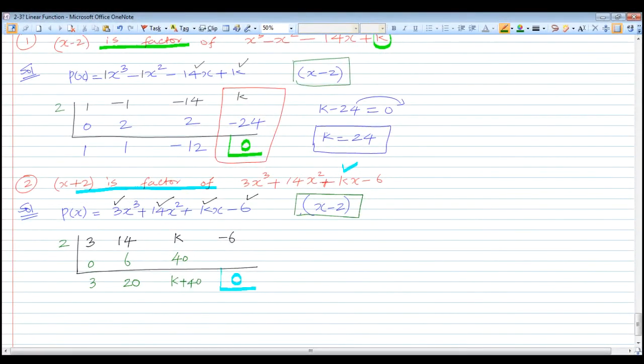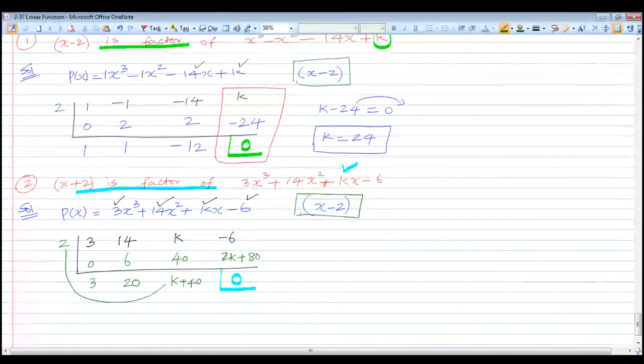Now if you multiply this one at the last, what happens? Multiply by minus 2, you get minus 2k plus 32. I have to multiply this with this, right? Now I have to compare the last part.